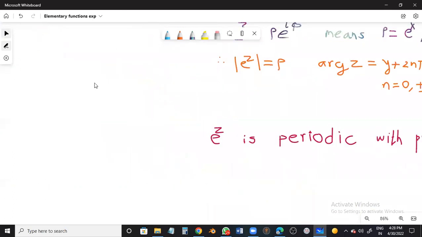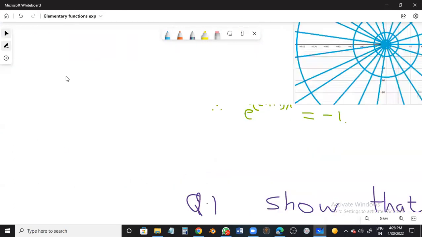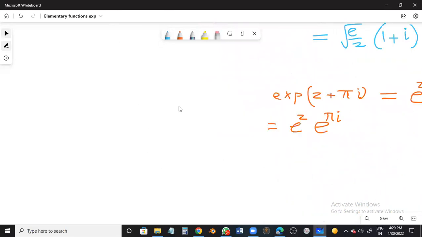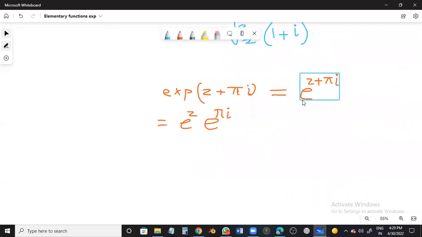That is what I have done over there. So we reached here with z as our first complex number, pi i as the second complex number. We can split so.